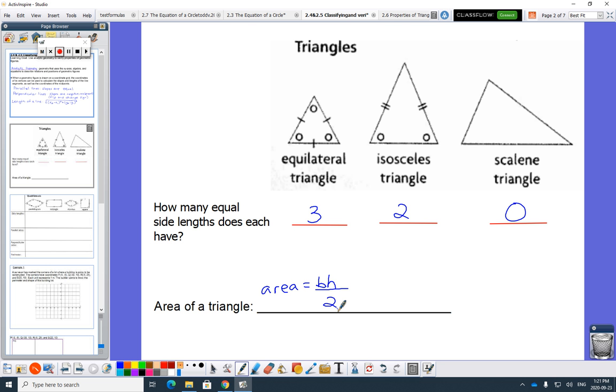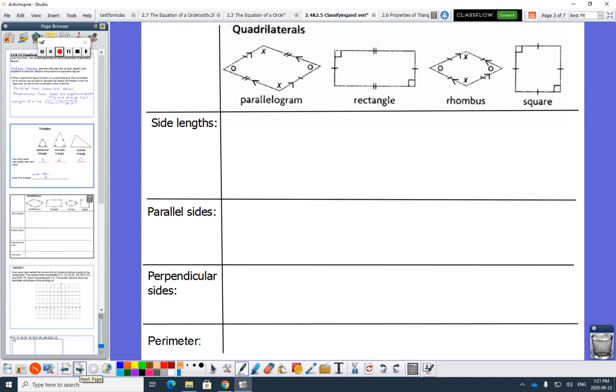So really, we're looking for what makes the quadrilateral unique, to compare to the other ones. So we have 4 choices. It's either a parallelogram, a rectangle, a rhombus, or a square. This little square here means perpendicular, okay?